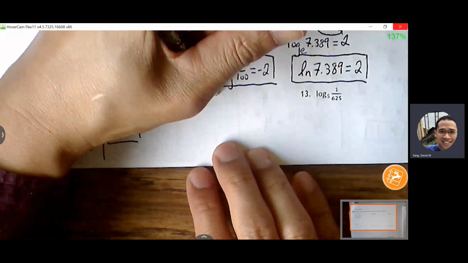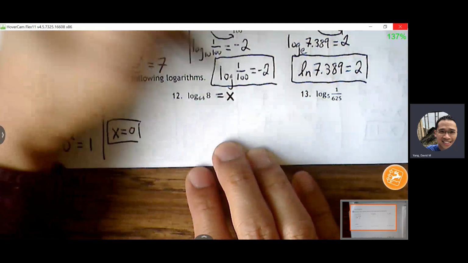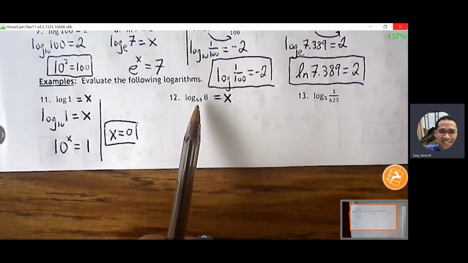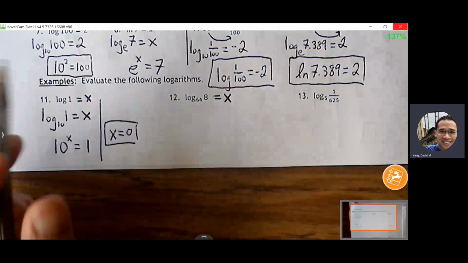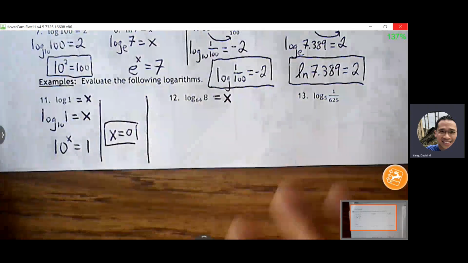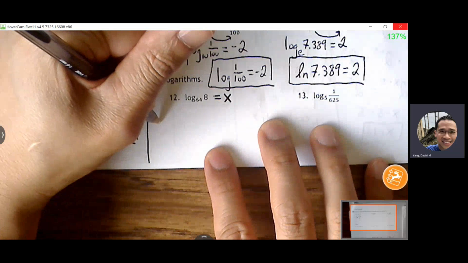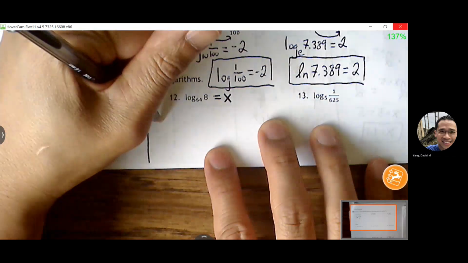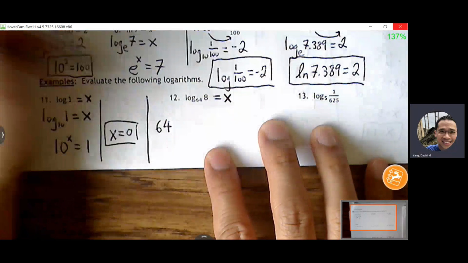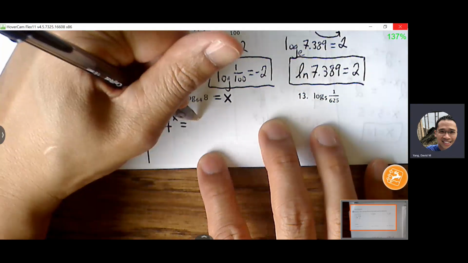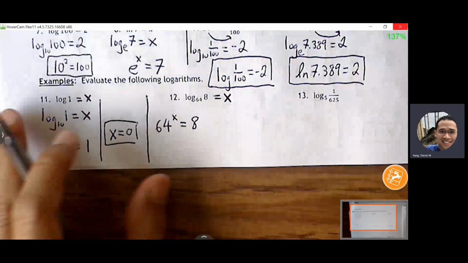Okay, so number 12, go ahead and show the equals x. Everything is showing for us. There's no need to rewrite anything. The base is showing for us already. So let's get it into exponential form. Start with the base, 64 raised to the x is equal to 8.